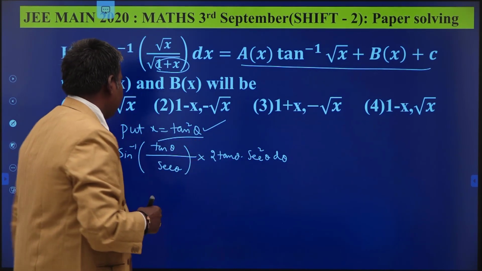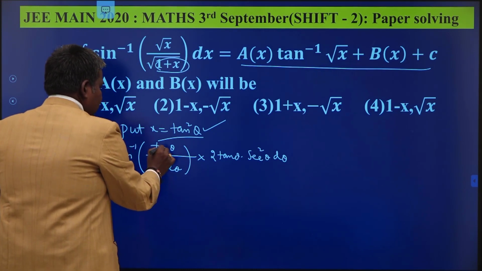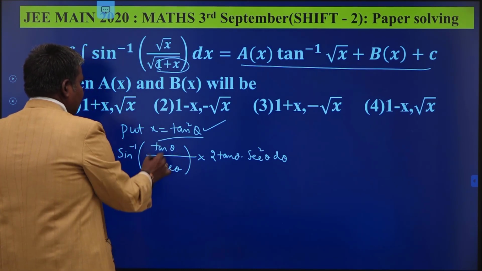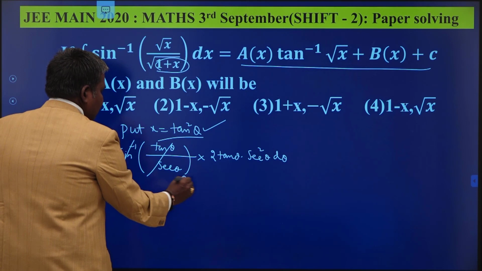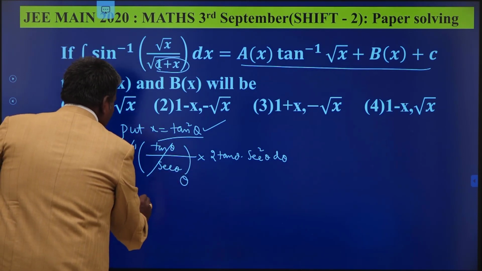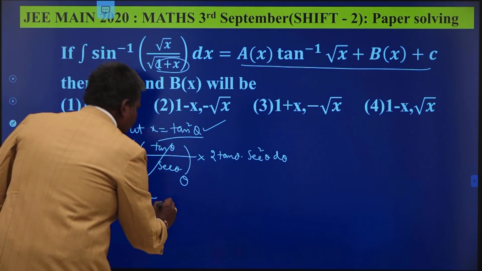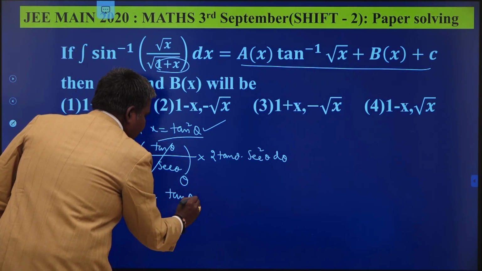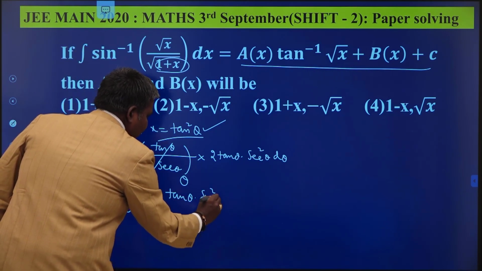So tan theta by secant theta is sin theta. Sin inverse of sin theta is nothing but theta. You can take 2 outside: 2 times the integral of theta into tan theta into secant square theta d theta.